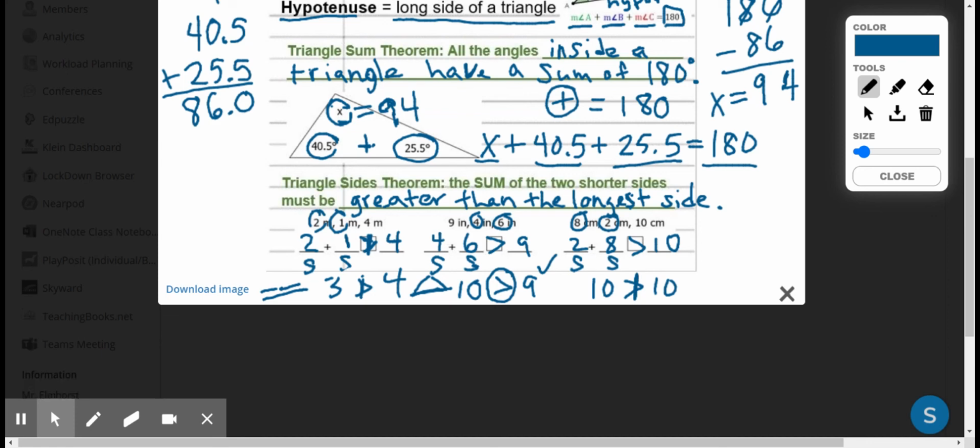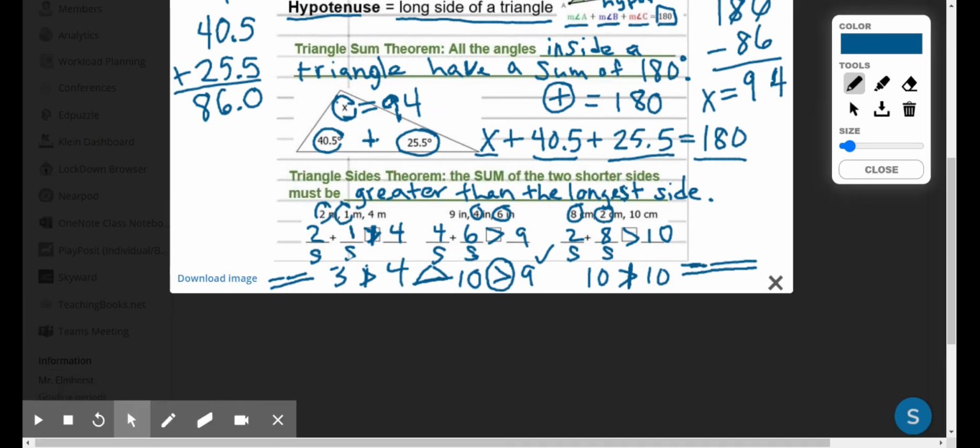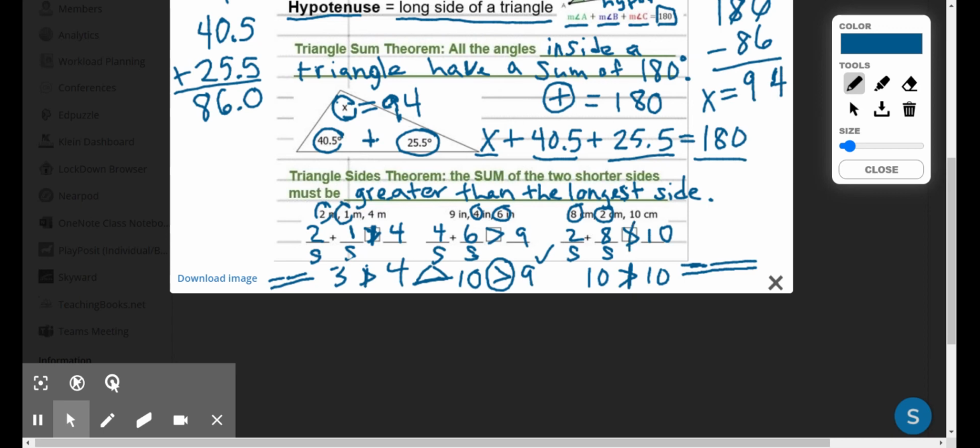It's equal to. So if you had 2 and 8 and you're trying to make a triangle, if they're equal, it's still not going to be long enough to make a triangle. So this would not be true. The only one that would make a triangle out of this example would be 4 plus 6 is 10. 10 is long enough to make a triangle. So this is not a triangle, and that is not a triangle.